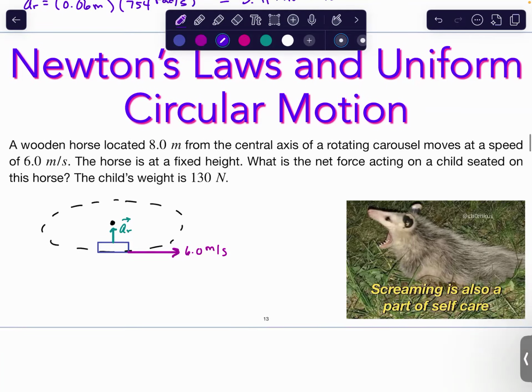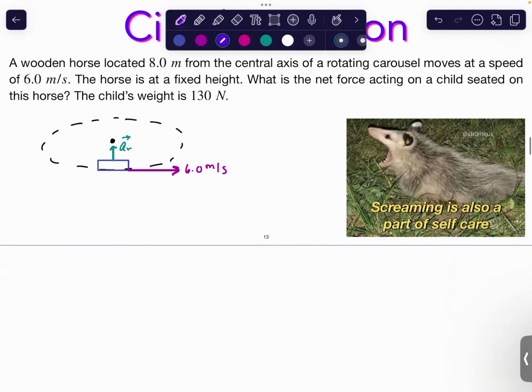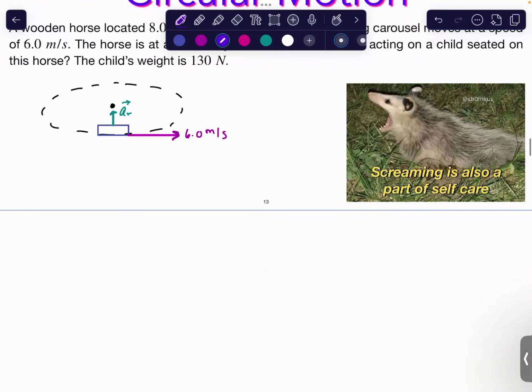Okay, so the sum of forces: we're predominantly worried about the forces in the radial direction.